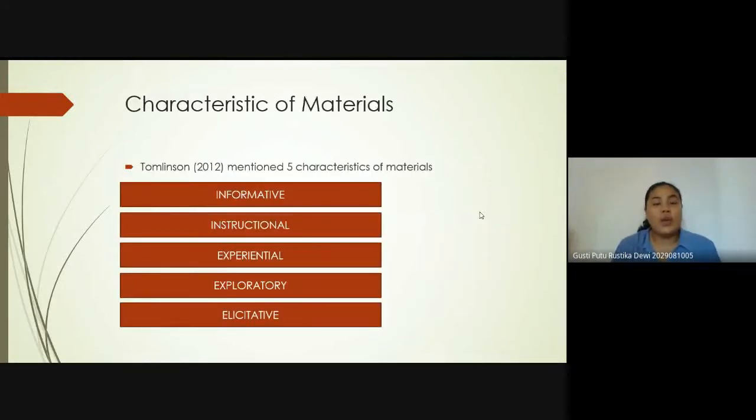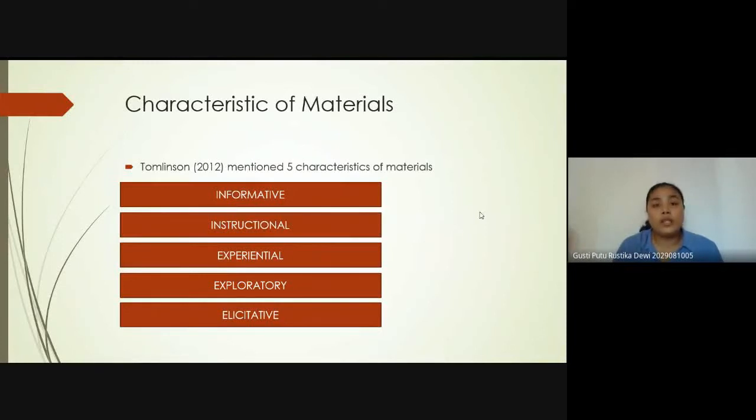Tomlinson 2012 mentioned 5 characteristics of materials. The first one is informative. It is because the teaching materials inform the learners about the target language. Next is instructional. It is because the teaching materials guide the students in practicing the language.